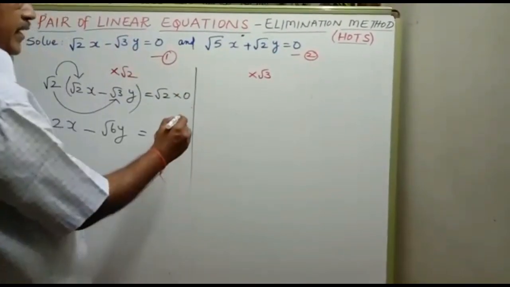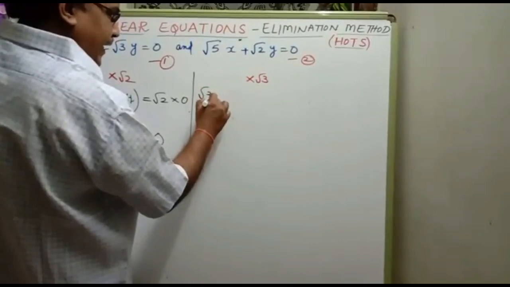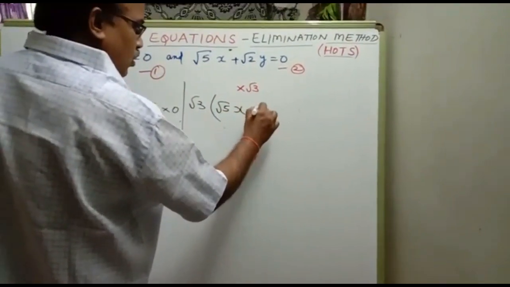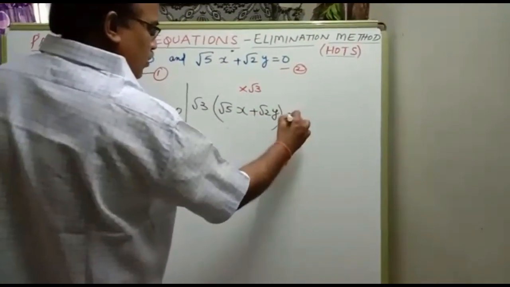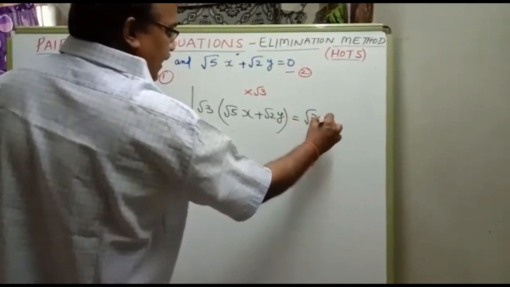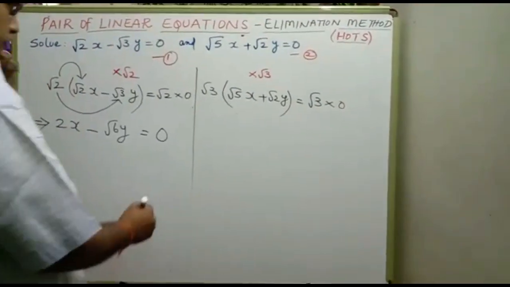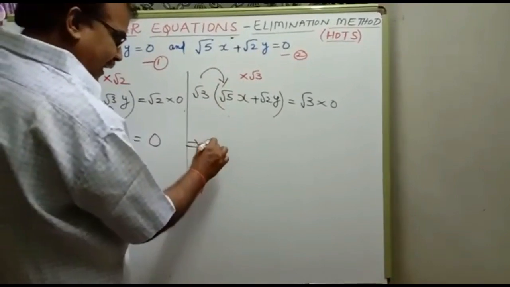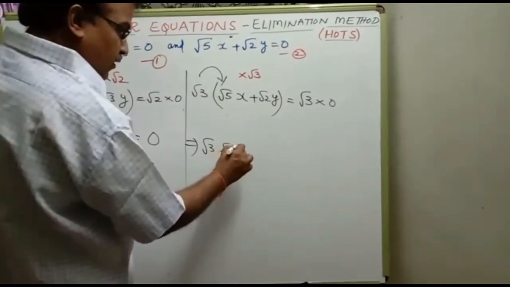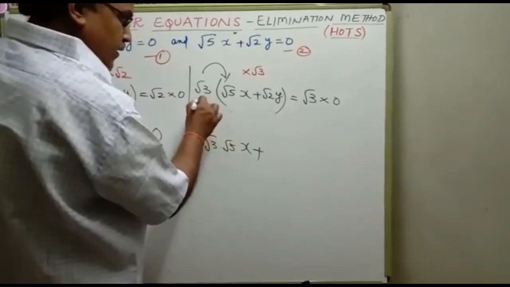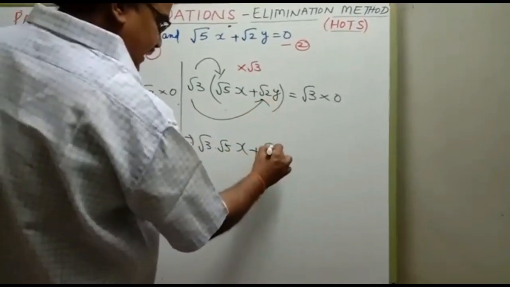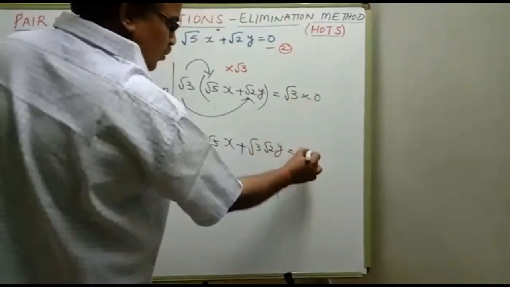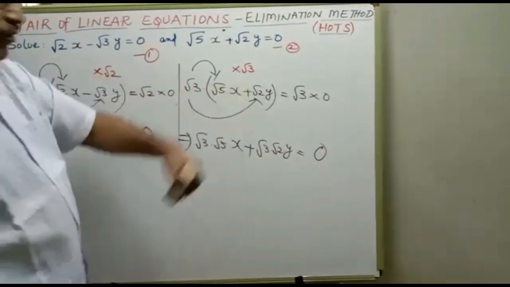Coming to the second equation, root 3 into root 5x plus root 2y is equal to root 3 into 0. That implies root 3 into root 5x plus root 3 into root 2y is equal to root 3 into 0.